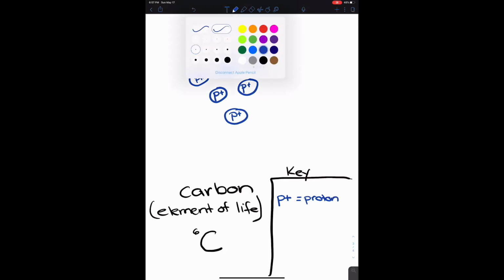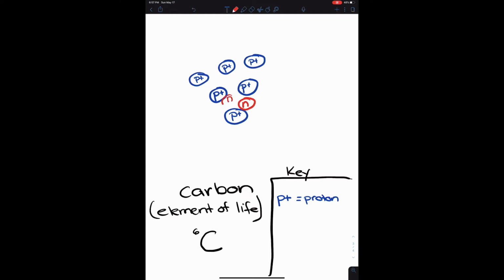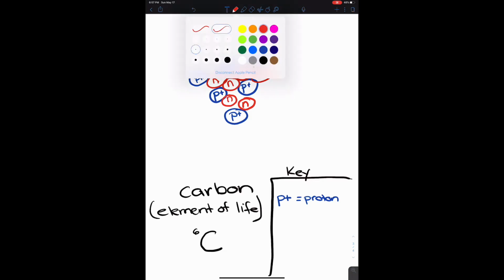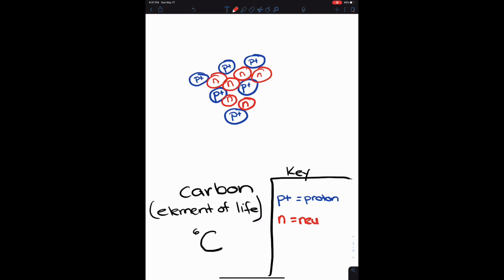And now I am going to do an N, and I'm going to do 6 N's. 1, 2, 3, 4, 5, 6. 6 N's, okay? And then I'm going to keep it right there. I'm going to do my N, my N equals neutron. Nice. I'm just going to circle this so you know that this is the nucleus, okay? This is the nucleus of my atom.